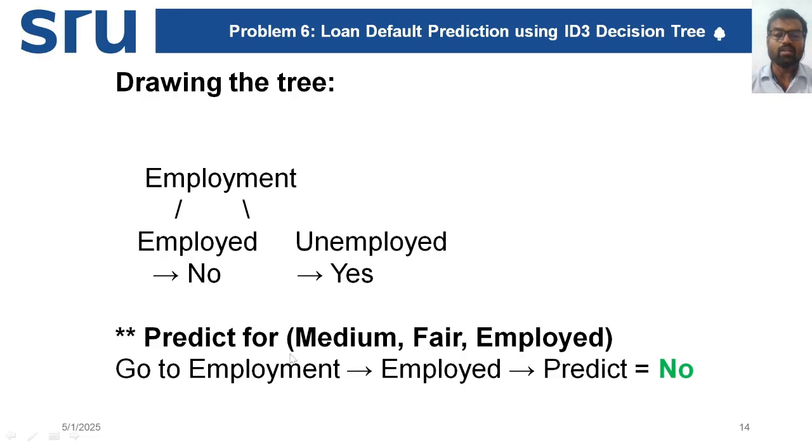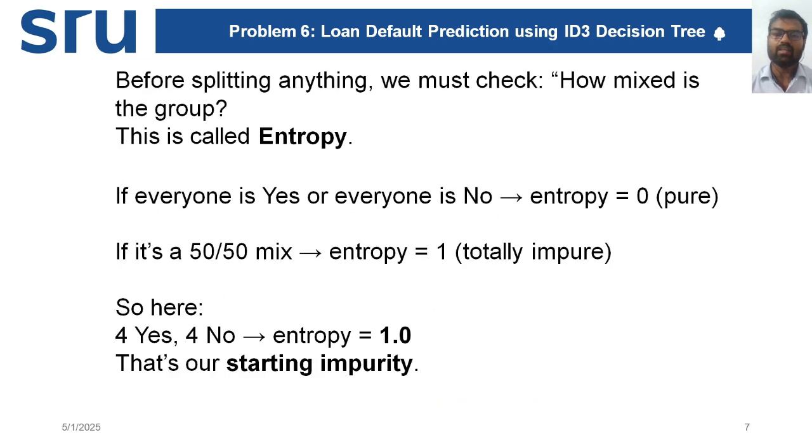If he is employed, obviously he is employed, right? So obviously we can predict no, he is not going to pay the loan. That is because of employed being no.